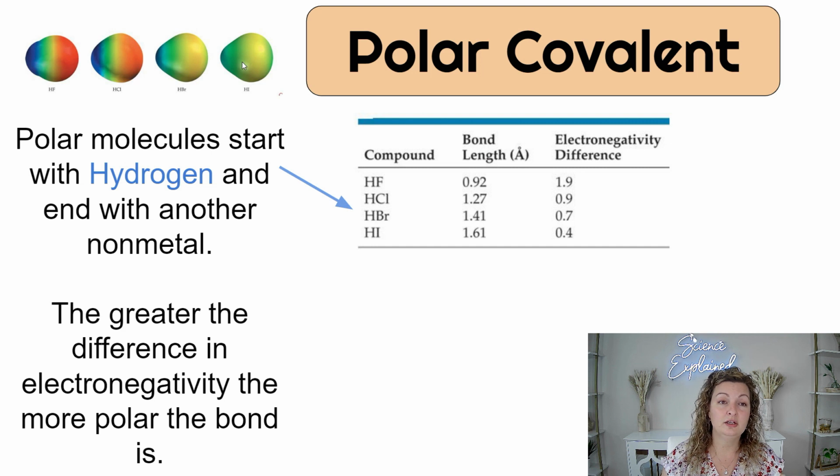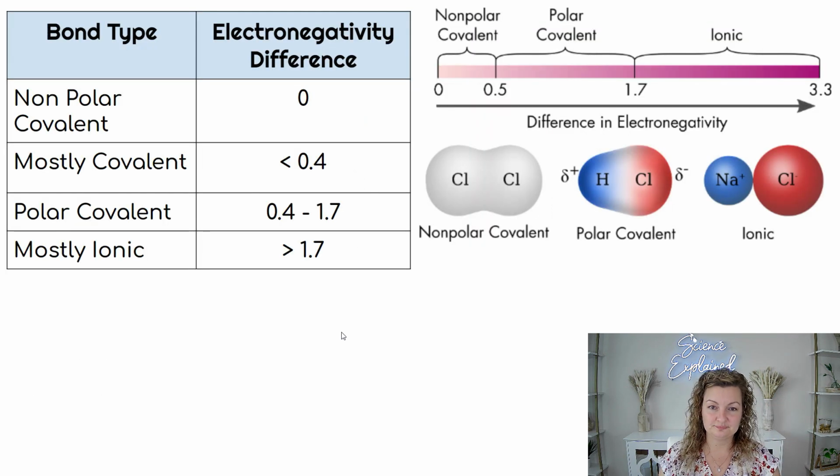So this is going to be very, very low. In fact, if you look, it's only 0.4. So we're headed really close to getting into nonpolar. And then as we move up with these drastic color changes, you can see our electronegativity increases. And we're getting closer and closer to ionic, but we're not quite there yet, right? So here's just a little chart for you to help you understand where the electronegativity start and stop.